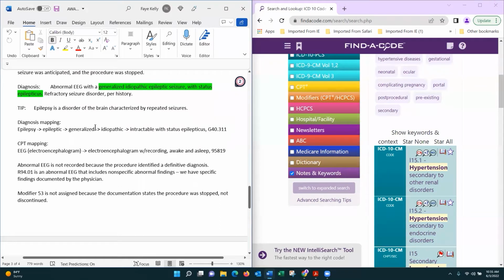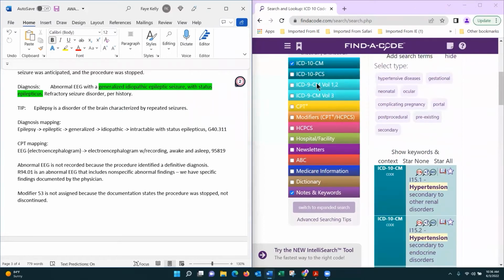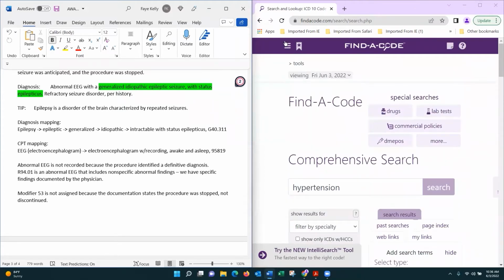I will probably send these sheets out to each one of you because I want you to follow through, and I took the time to put all this information in here so that you could easily go back and look. Now, even though you may have gotten the codes correct on your coding, we still want to look at this and break it down for us. All right, so let's go back.